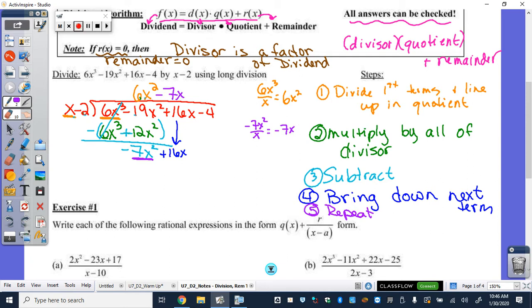Again, I'm going to take that negative 7x and multiply it by both parts of my divisor. So negative 7x times x gives me negative 7x squared. Negative 7x times negative 2 gives me a positive 14x.